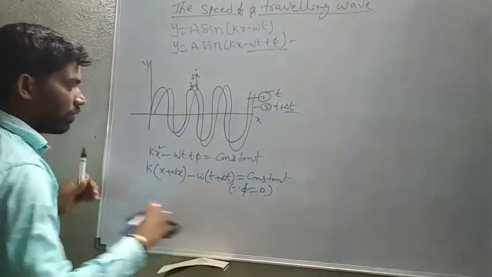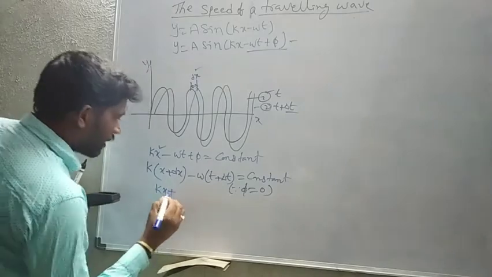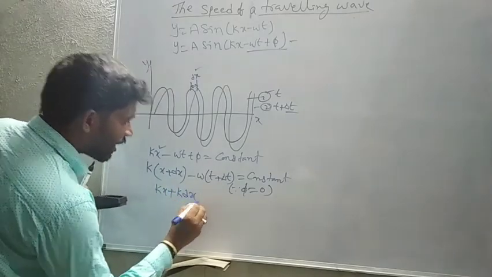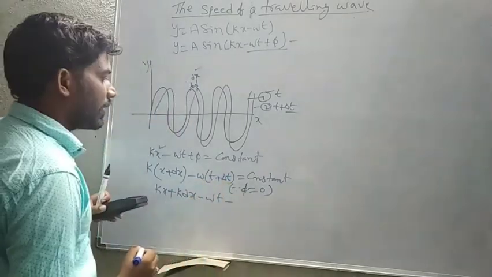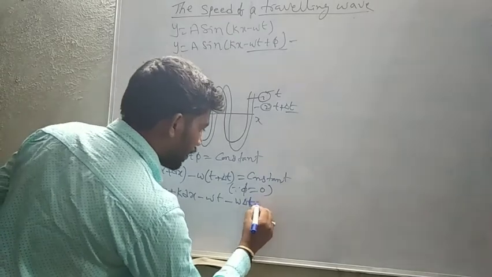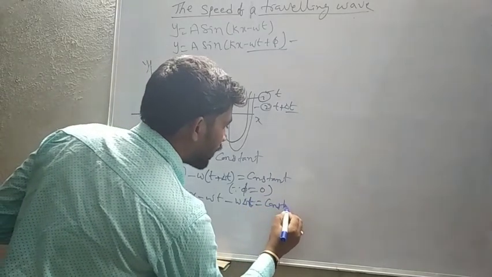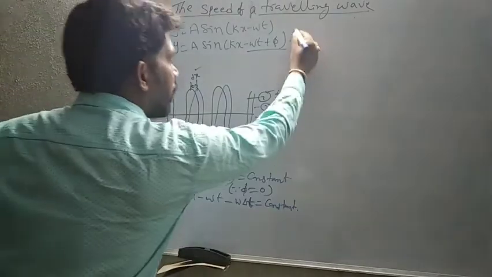Then we write this equation as kx plus k delta x minus omega t minus omega delta t equal to constant.